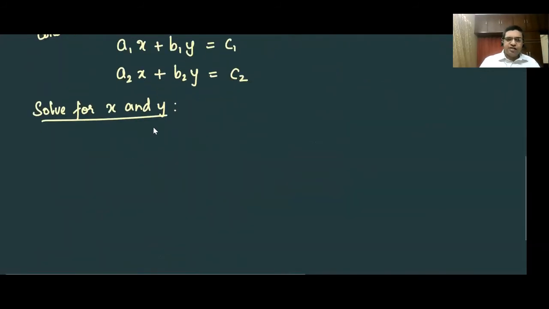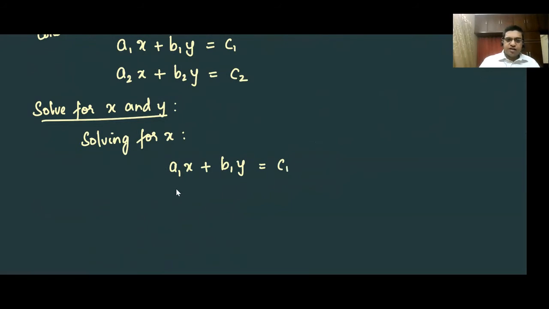So when we solve for x and y, how do we solve for x? Anyone? In the linear simultaneous equations in x and y, how do we solve for the unknown variable x?